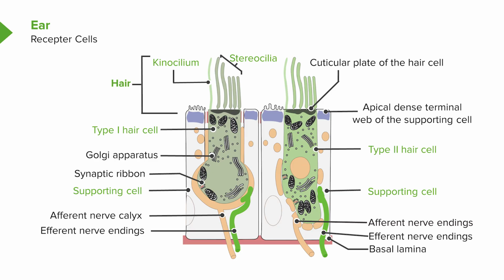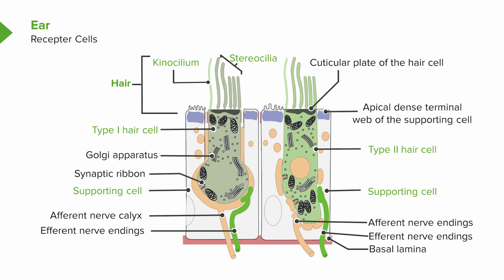When those hair cells are stimulated, when those stereocilia move, then those afferent fibres will send information back to the central nervous system about that movement of endolymph, and then the central nervous system interprets that into defining our position of our head in space and our movement of our head.